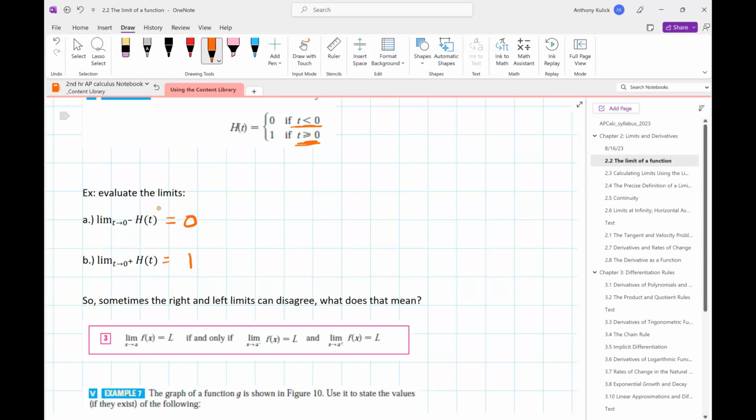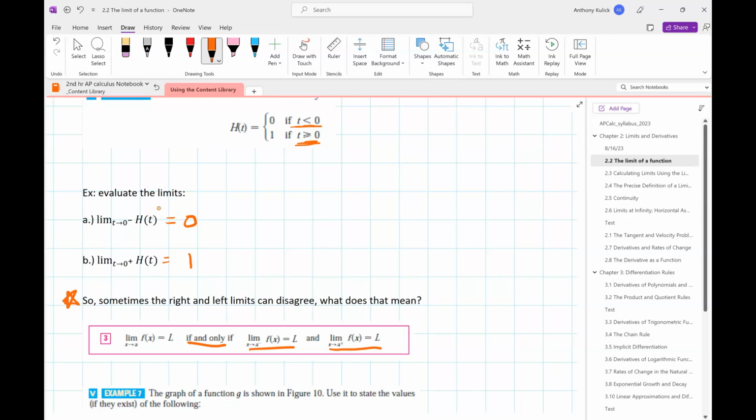What do you notice about these two limits? They are different, right? So that is important. One way we define a limit: we say the limit as x approaches a of f of x is equal to L, that's a limit existing, if and only if the left-hand limit and the right-hand limit are equal to the same thing, and that number is finite, or is defined.